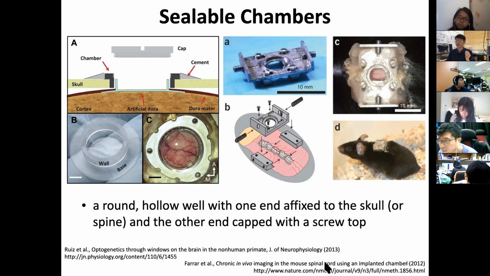In this paper in Nature Methods, when they created this new model, they showed for the first week, second week, several weeks, how clean the window quality is. And you can use advanced microscopy like a 2-photon microscope to actually watch blood vessels at the cellular level, and there are neurons and also glial cells.